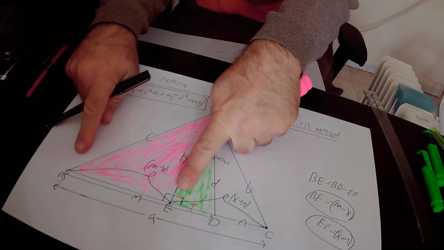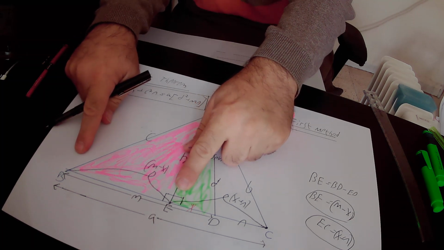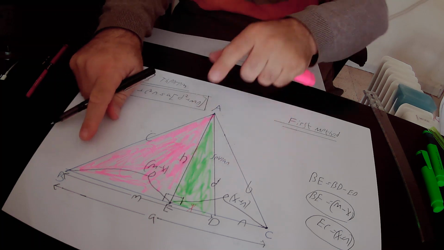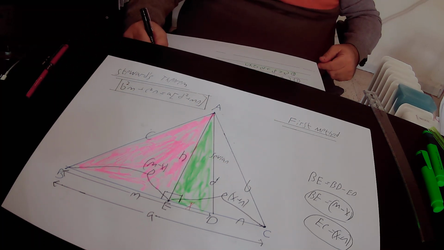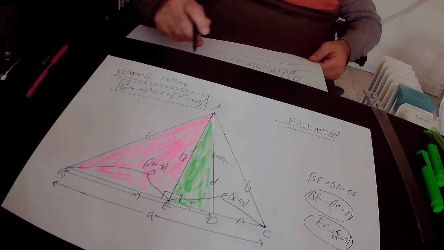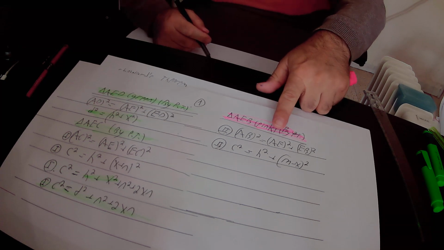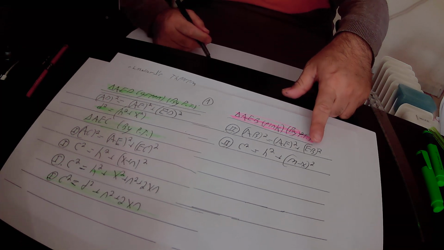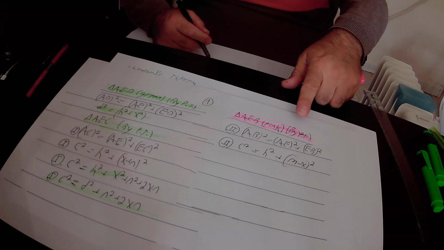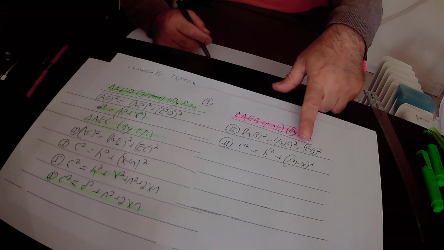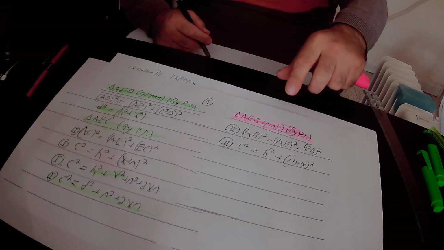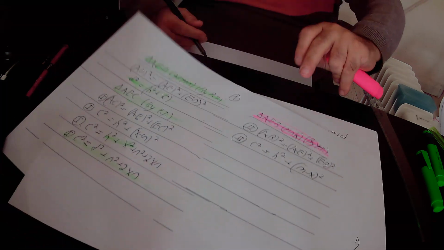EB equals M minus X, therefore EB square equals (M minus X) squared. In conclusion, we found out that according to equation number 2, C square equals H square plus (M minus X) squared. We will open the brackets in this side of equation number 2.